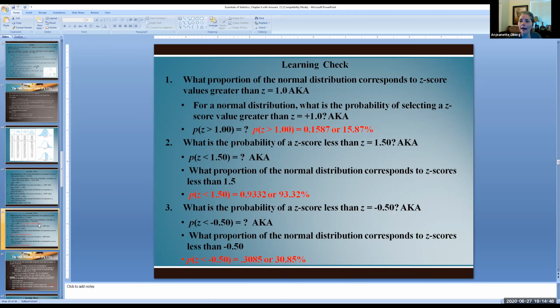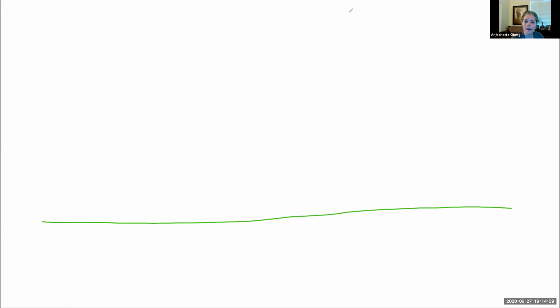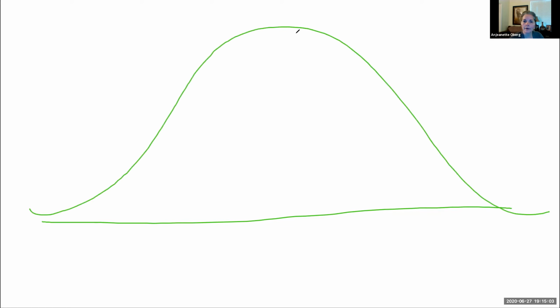So I'm going to go back to my whiteboard and I'm going to clear this. I'm going to change my color back to black, okay? And now I'm looking at my mean, right? And then it's asking me a z-score of 1, so I know it's just 1 standard deviation. And it's asking me greater than a z-score of 1.